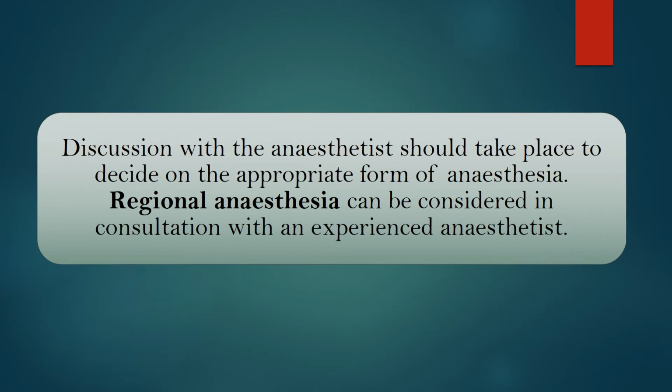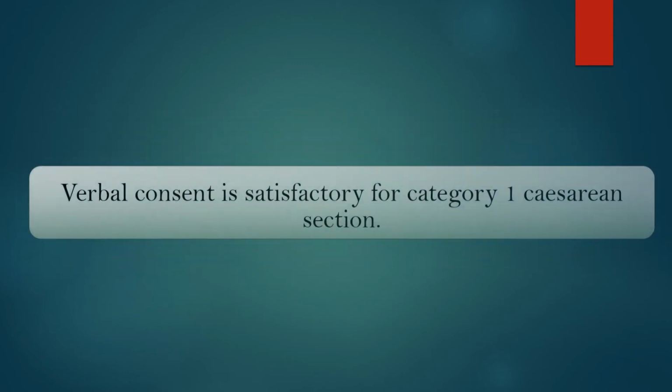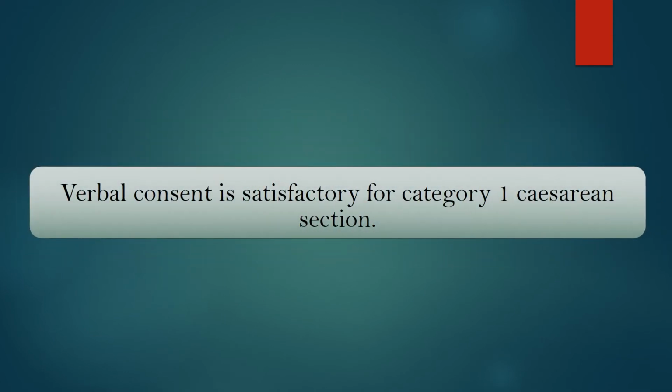Discussion with the anesthetist should take place to decide on the appropriate form of anesthesia. Regional anesthesia can be considered in consultation with an experienced anesthetist. Verbal consent is satisfactory for Category 1 cesarean section.